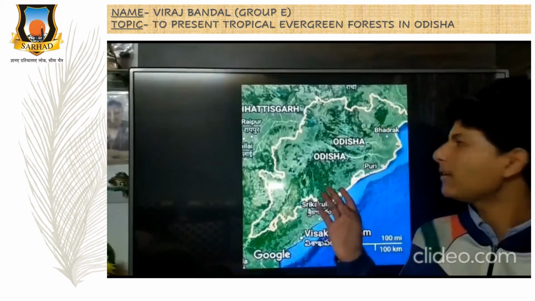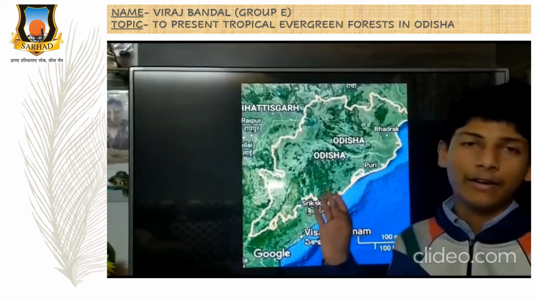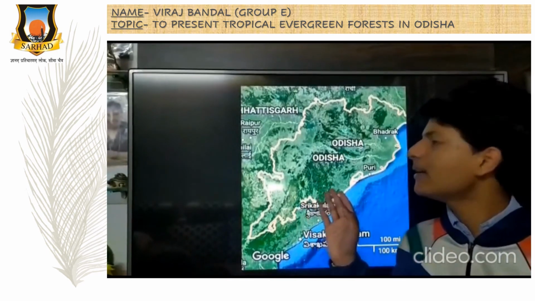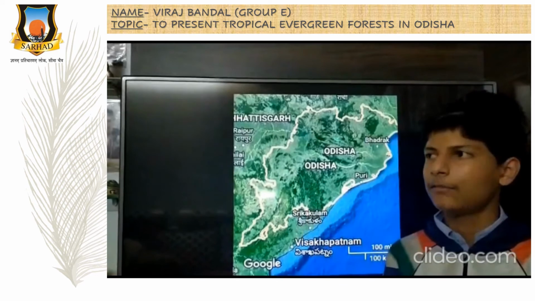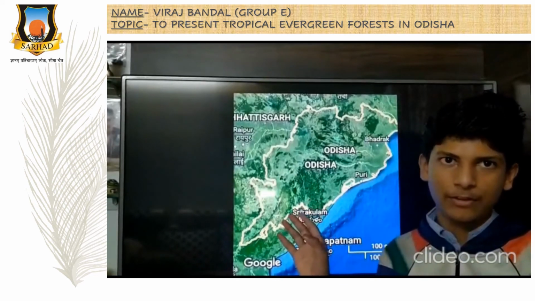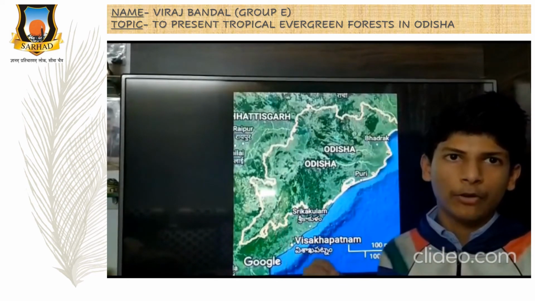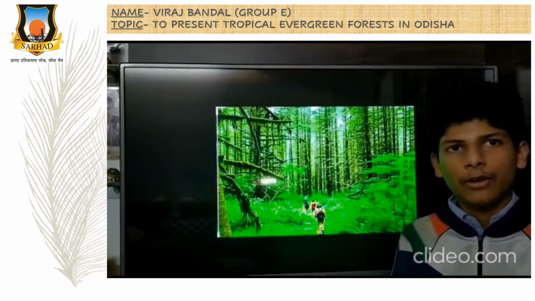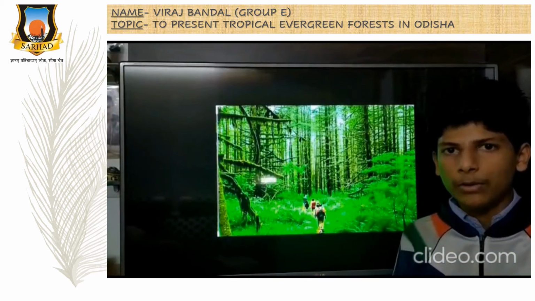So this is a satellite view map of Odisha, and we can see the green forests which are highly popular as tourist places. So we can see the image of the forest found in Odisha state.